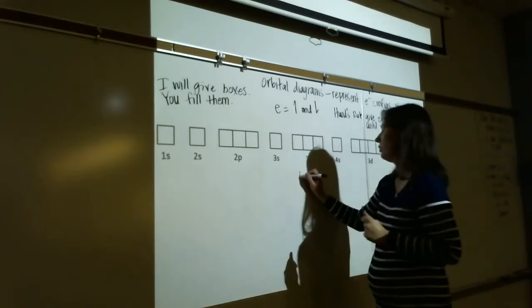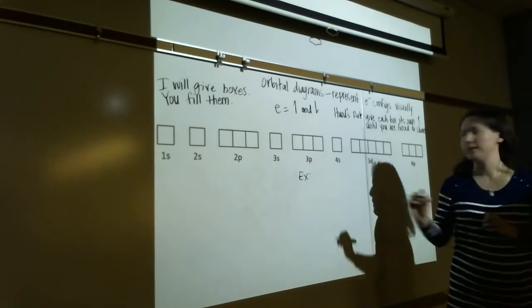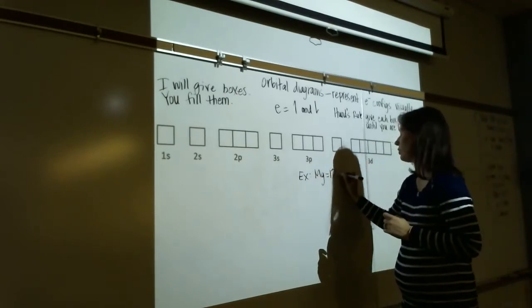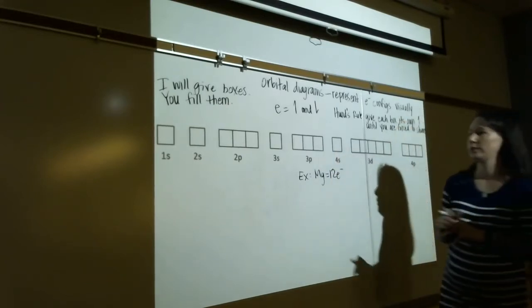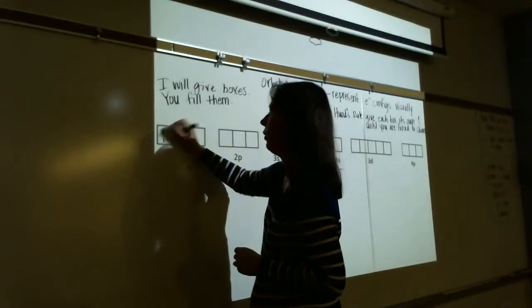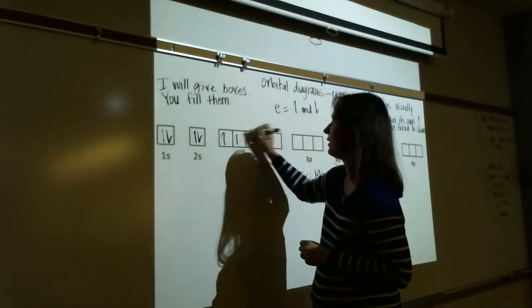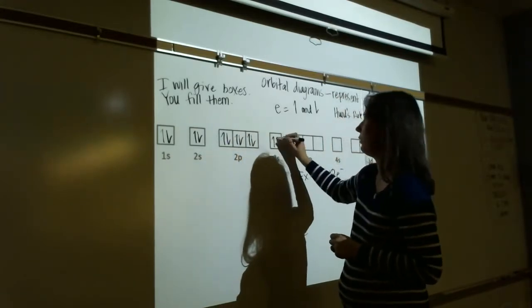All right, so let's do magnesium. So that's 12 electrons. All right, magnesium's got 12 electrons. So here we go. 1, 2, 3, 4, 5, 6, 7, 8, 9, 10, 11, 12.